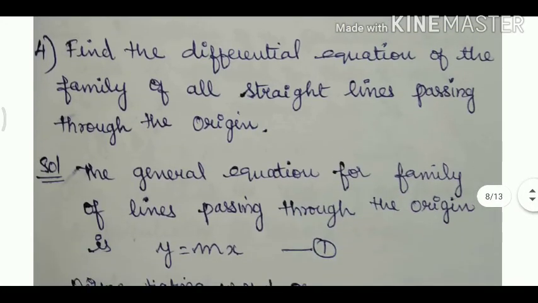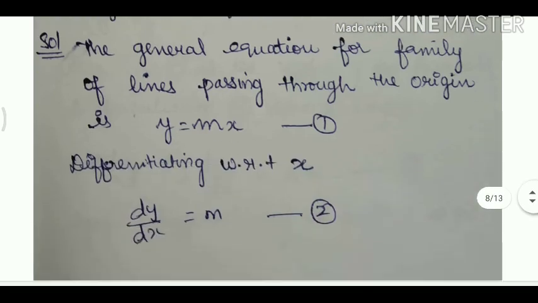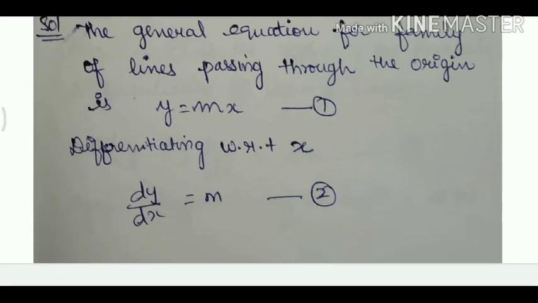Find the differential equation of the family of all straight lines passing through the origin. The family of straight lines is y = mx, the general equation for the family of lines passing through the origin. Since it is passing through the origin, the equation becomes y = mx. If you differentiate this with respect to x, we get dy/dx = m.